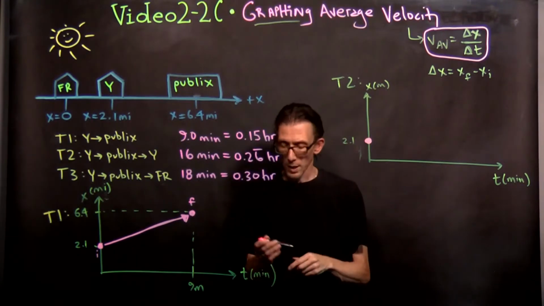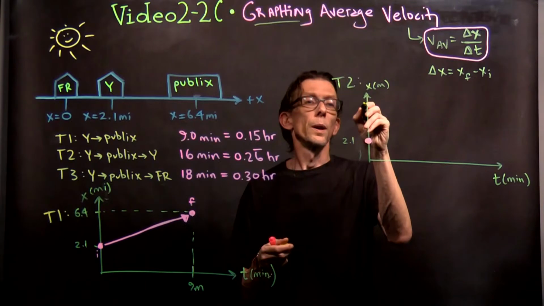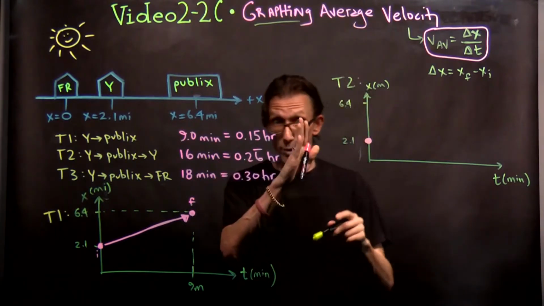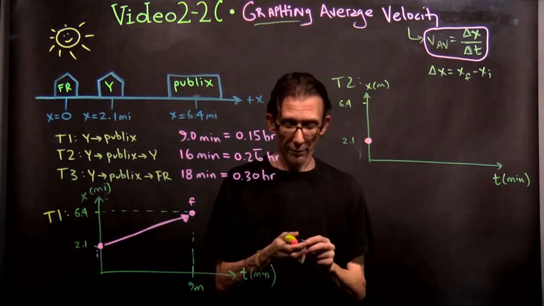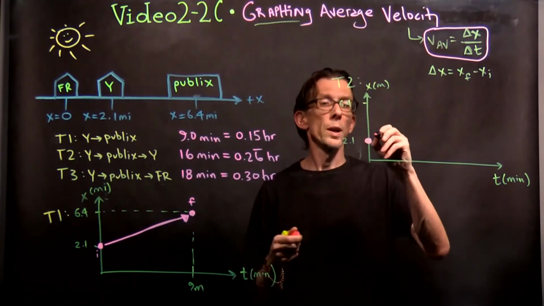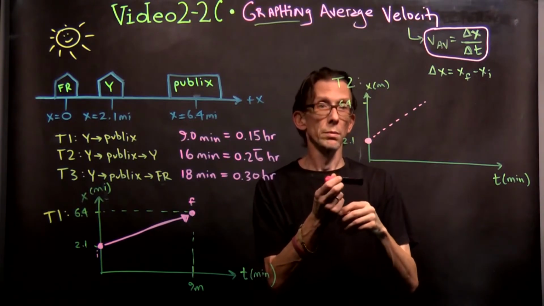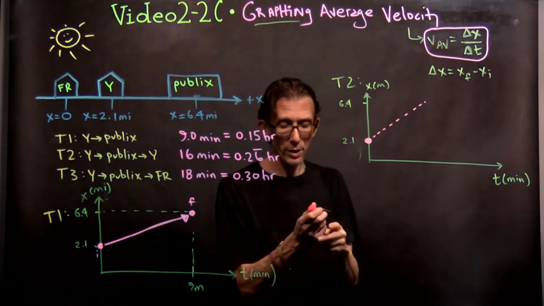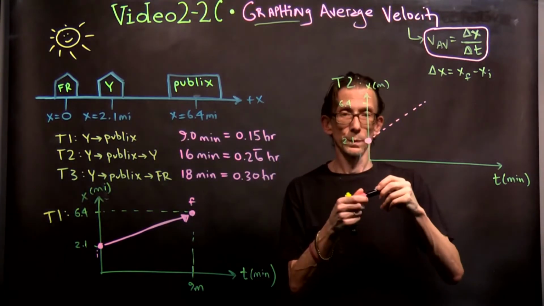And you go to, at some point, 6.4 miles. You remember this trip? Your house to Publix to your house. So you're going to mosey up this way. You're going to reach Publix at some time later. We don't know what time you reach Publix or when you leave Publix, but you make it to Publix, then you turn around and you come back.